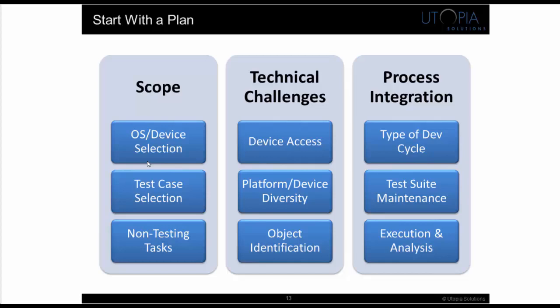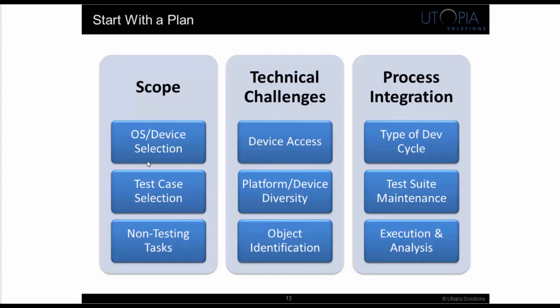What technical challenges do we have? How are we going to interact with those devices? How different is our application across mobile devices and different mobile platforms? How are we going to identify the individual user interface objects within those applications?